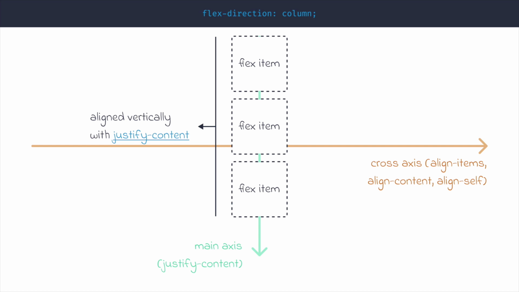So justify content will align items vertically. Horizontal alignment is now taken care of by the other 3 properties I mentioned: align items, align self, and align content. So I think this is where the confusion comes from, right?